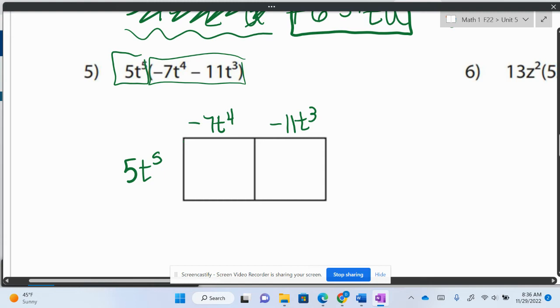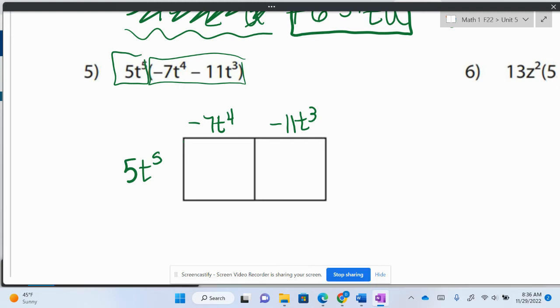So do you guys remember we did an example like this when we first started multiplying? What do I do here? Because this is just kind of like a times table. Any ideas? What do you have, Lanaya?